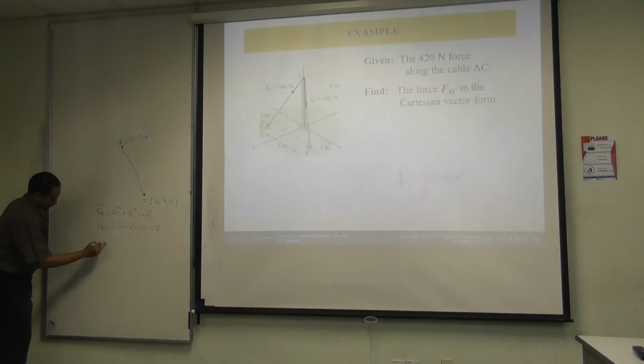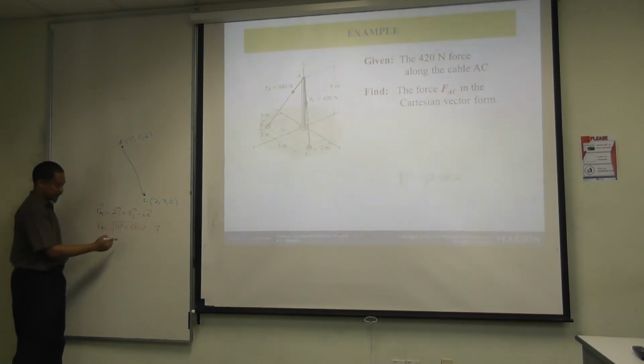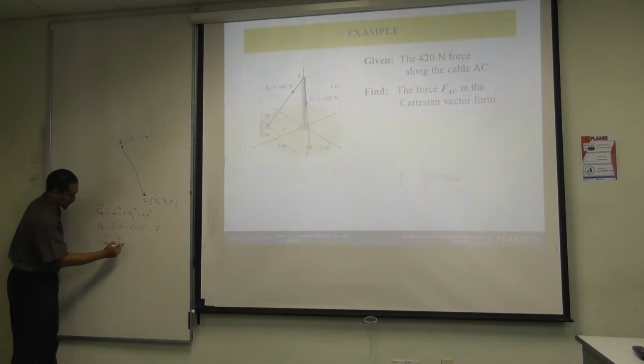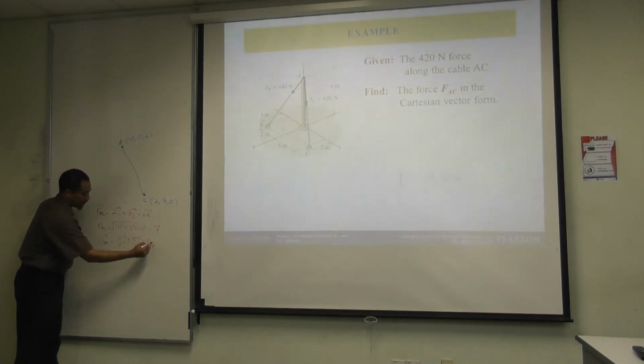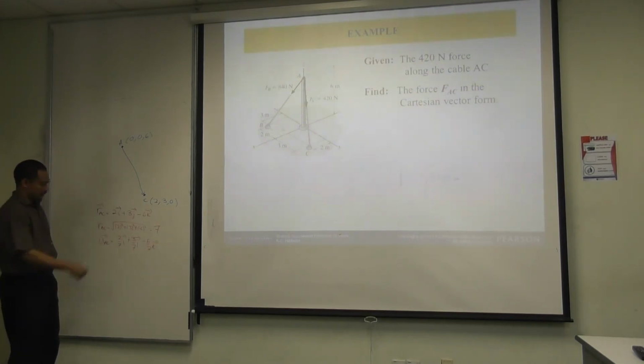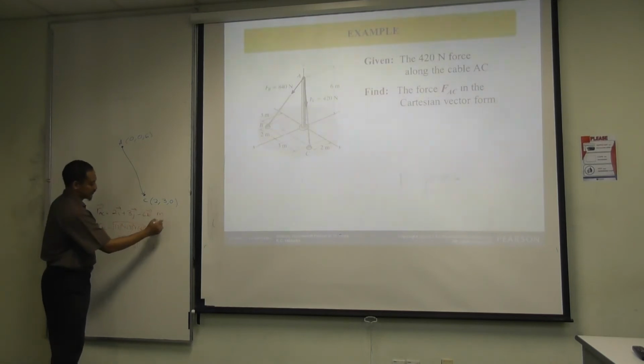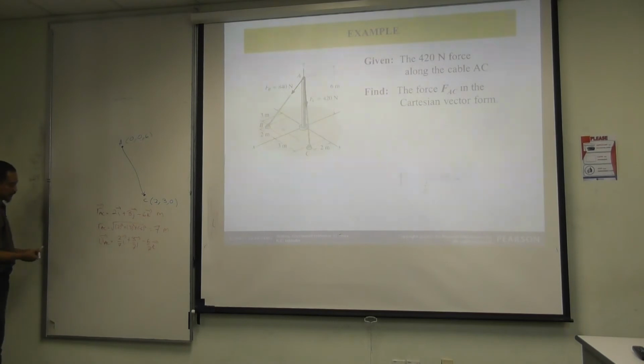So from here you can calculate the unit vector UAC. Basically this divided by this. So you get 2 over 7 I plus 3 over 7 J minus 6 over 7 K. If you want to be precise, the unit here is meter. You divide, the unit is cancelled, right?